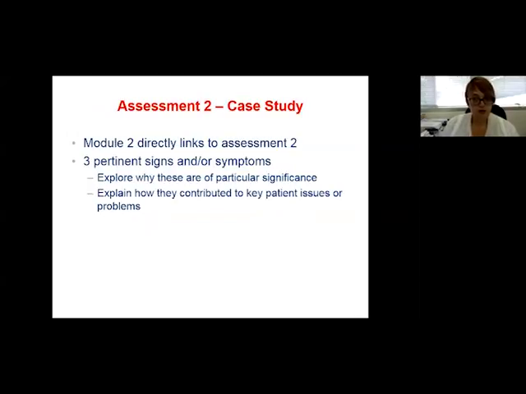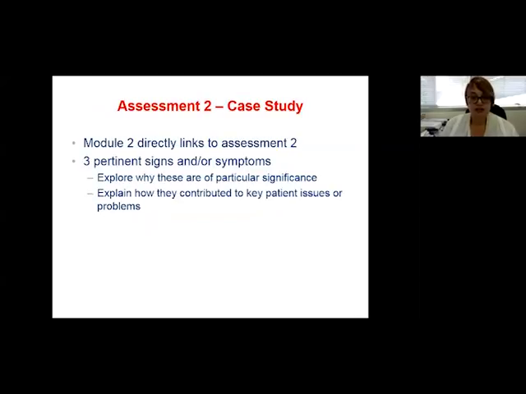One component in your case study is that you have to identify 3 pertinent signs or symptoms. Remember, the patient will have 3 chronic diseases, not just 2 like assignment 1, but 3.